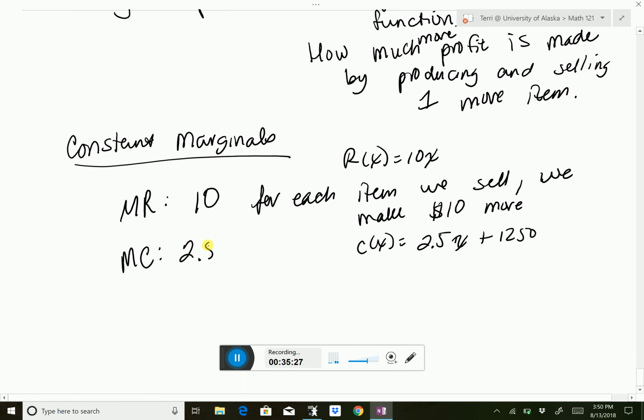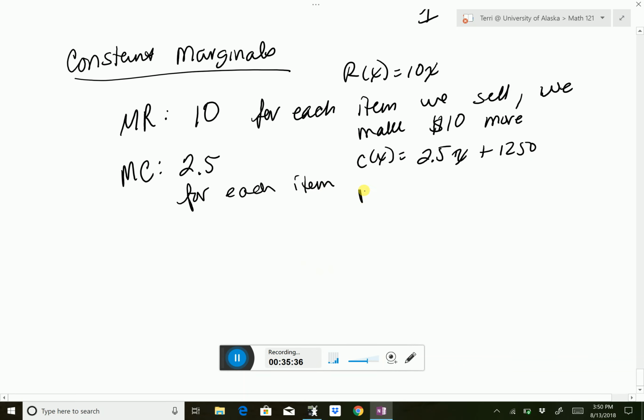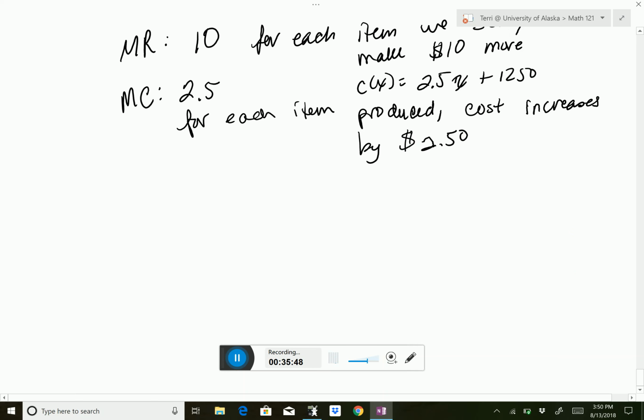The slope was 2.5. So for each item produced, cost increases by $2.50.